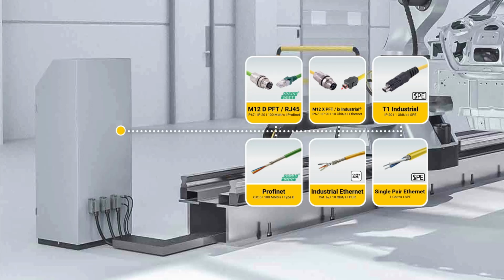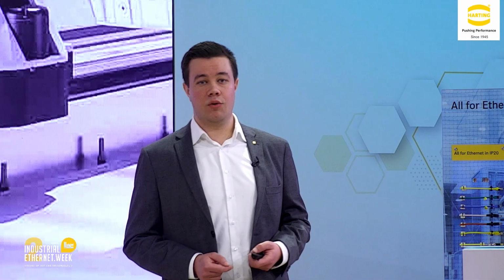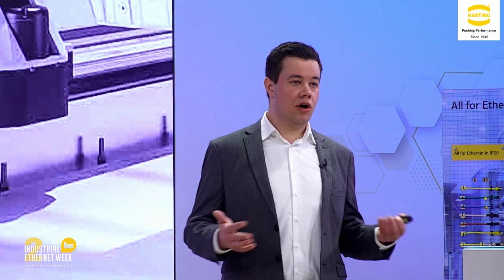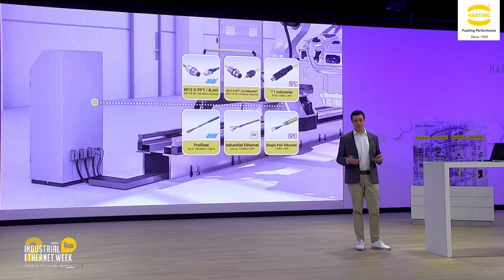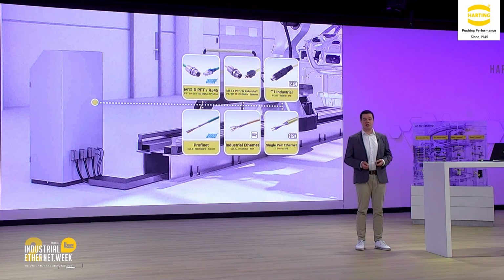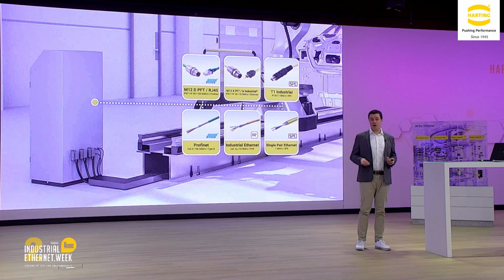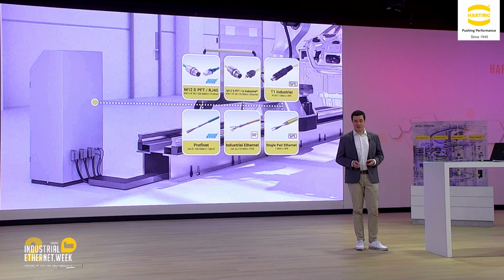So therefore, we have our different Profinet cables for the Cat5 transmission, but we also have Cat6a cables, 8-pole Cat6a cables for higher data transmission. Also, we are able to sell ready-made cable assemblies, with all of the standard interfaces used for this kind of application. Here, in an IP20 area in a switch cabinet, we are talking about RJ45s, iX Industrial, or also single pair Ethernet is in our scope.